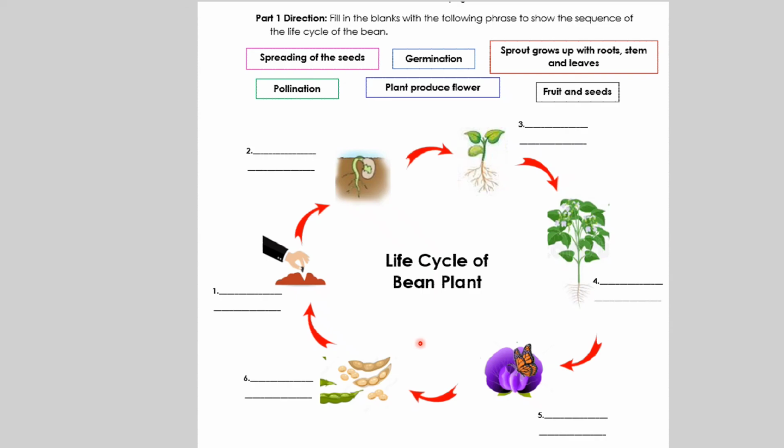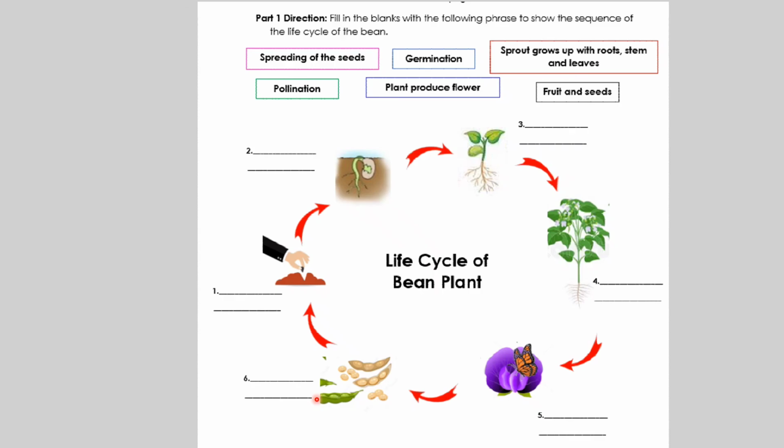I want you to write here in the blank. We have 1, the first step, number 2, second step, 3, 4, 5, and the 6th step. I want you to write the correct sequence of a bean plant.